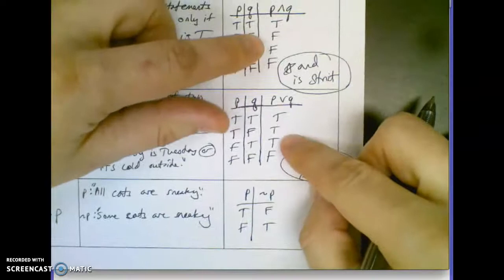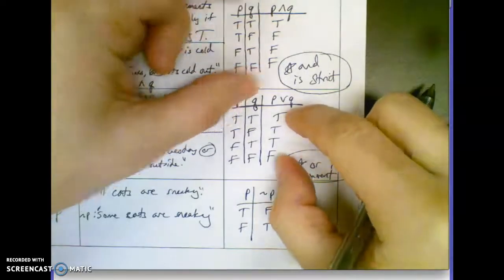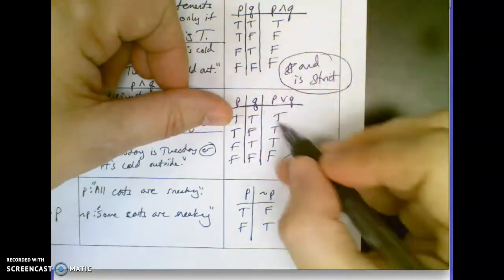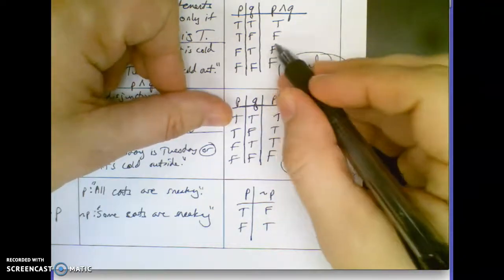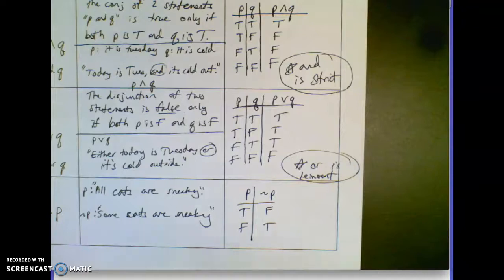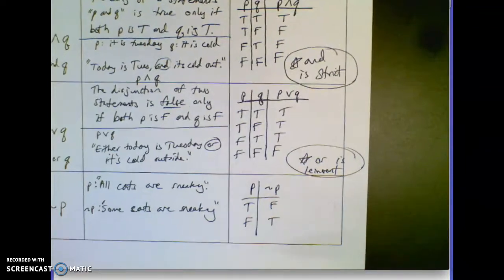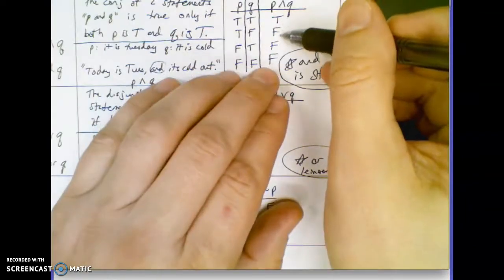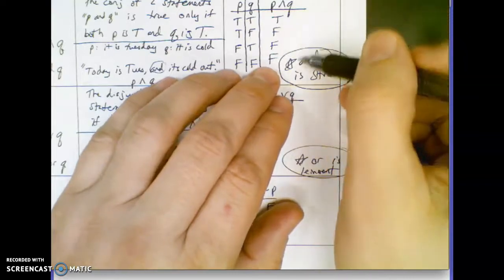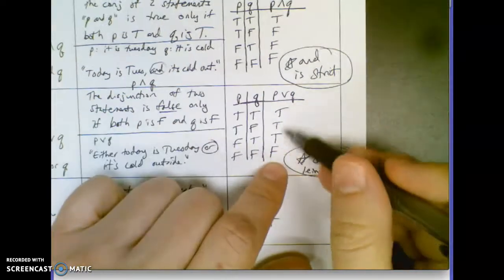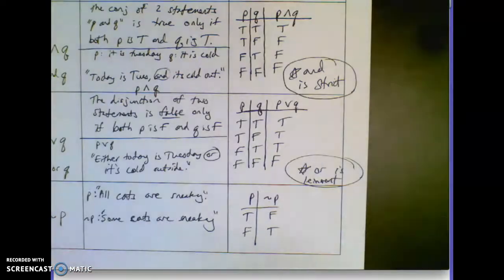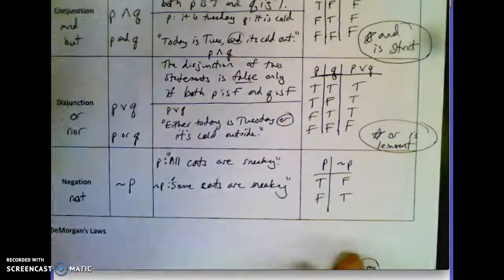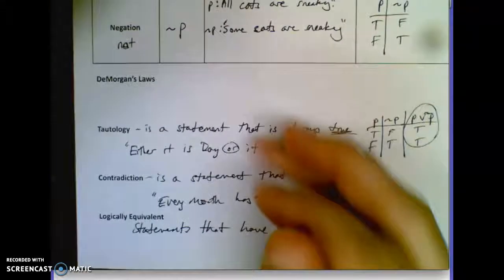So these don't match up because even though the top and bottom are the same, see how it starts with true and ends with false, starts with true and ends with false, but because there's anything at all different, even just one entry, then they are not logically equivalent. The only thing that would be logically equivalent to this is another one that turned out TFFF, or the only one that would be logically equivalent to this would have to be TTTF. It happens a lot, so we're going to do a couple examples. But before we do, actually, this is a good example of it.